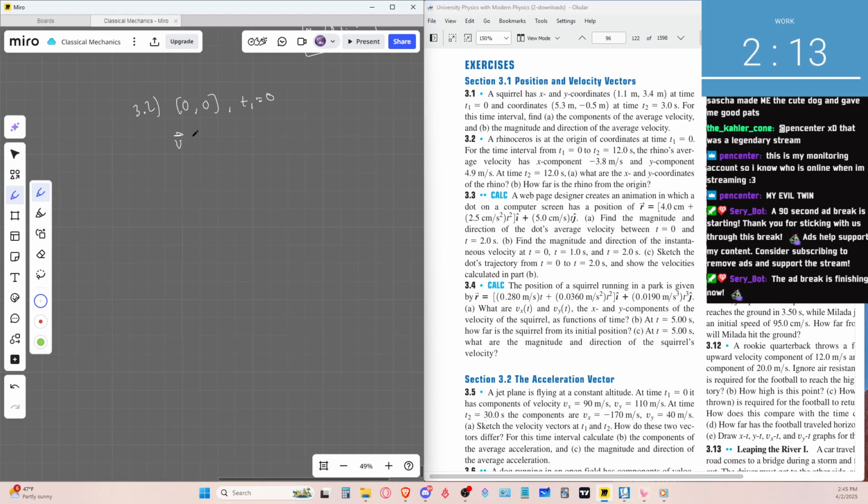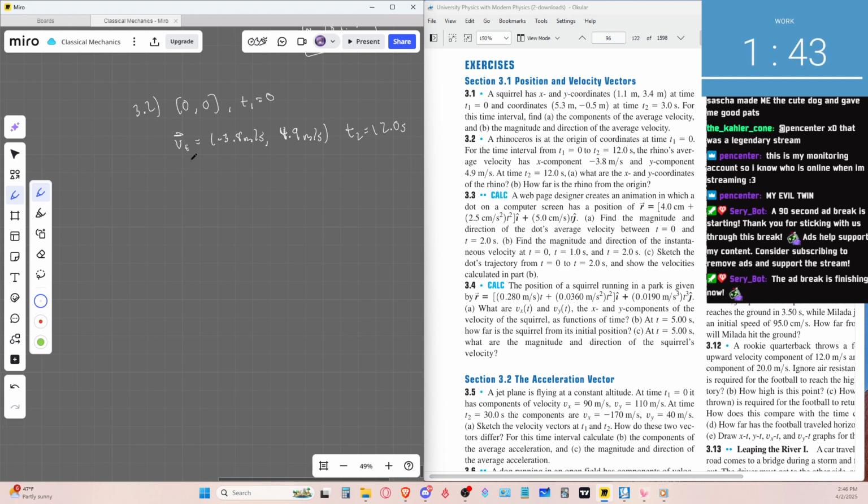Alright, so the velocity vector, I think that's the final velocity, is at time 12 seconds.